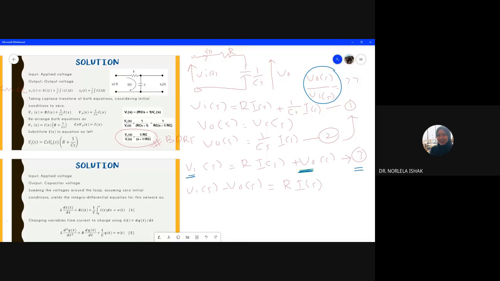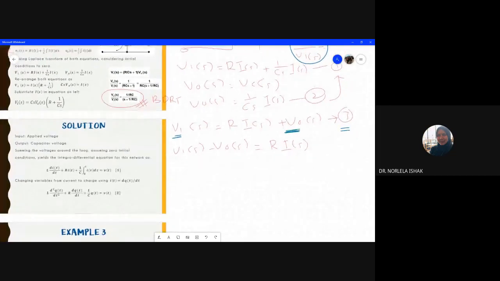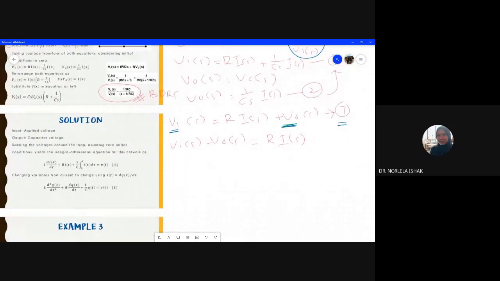Is it okay? Everybody can follow, right? Yes. So we get equation number 3, and I rearrange it; let's say I call it equation number 4.